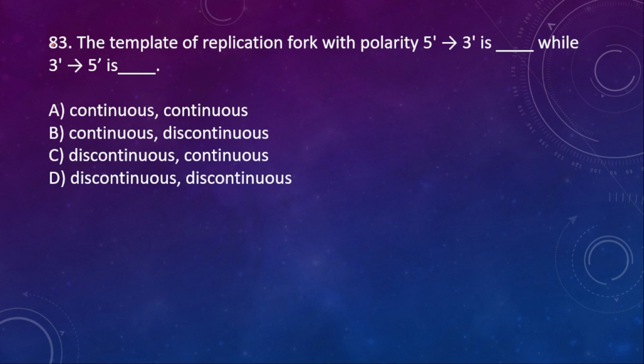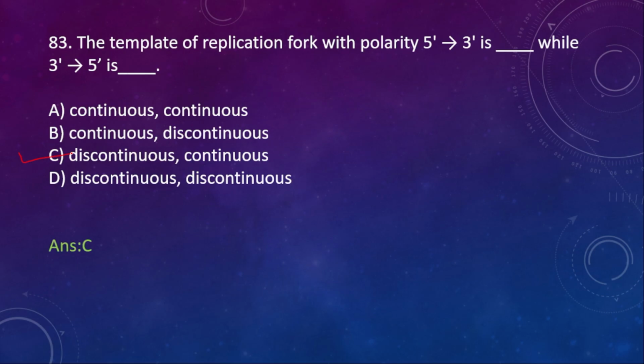83. The template of replication fork with polarity 5' to 3' is dash, while 3' to 5' is dash. 5' to 3' is discontinuous and then 3' to 5' is continuous.